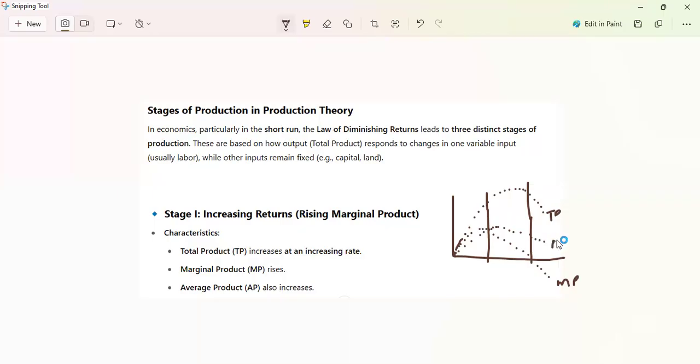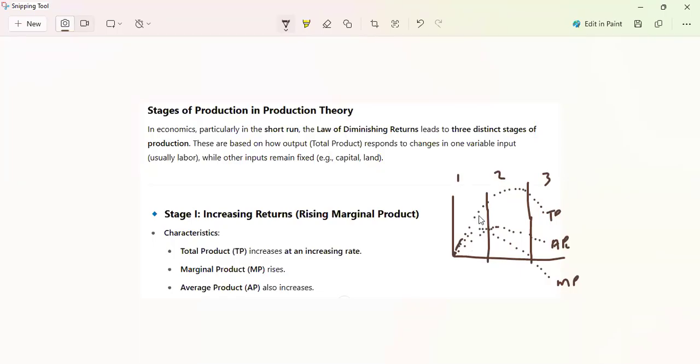This is the average product of labor. So as you can see, we have 3 stages of production there. We have stage 1, stage 2, stage 3. In stage 1, the total product is increasing at an increasing rate.